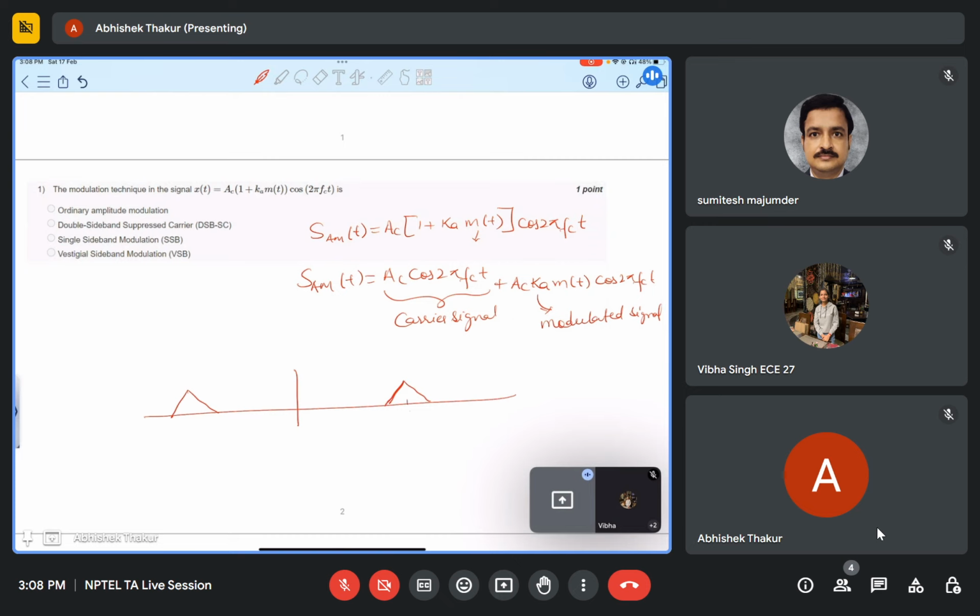One component of the signal will be present at fc and another at minus fc, and the carrier will also be present at both frequencies. Here this is the lower sideband and this side is the upper sideband. So this is the representation of ordinary AM signal. So option A is the correct answer for this question.